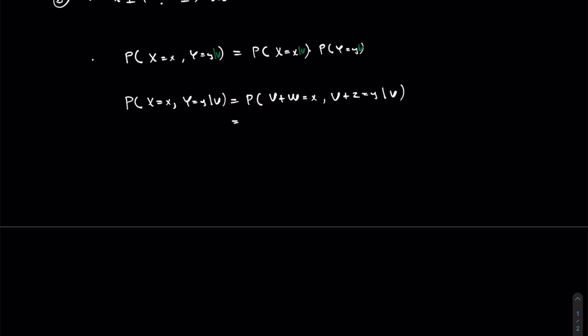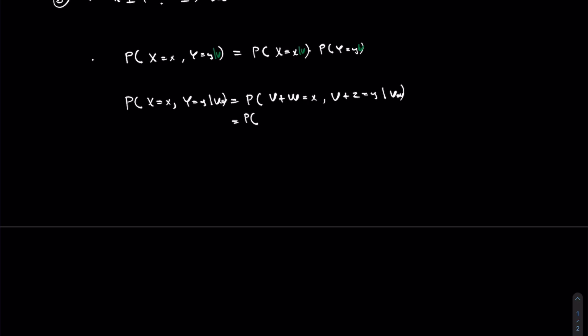So we are conditioning on V like this. By doing that, we can actually remove the conditioning bar because we've already used that up and set capital V, the random variable, to a specific value.